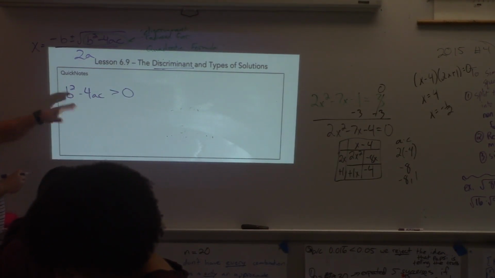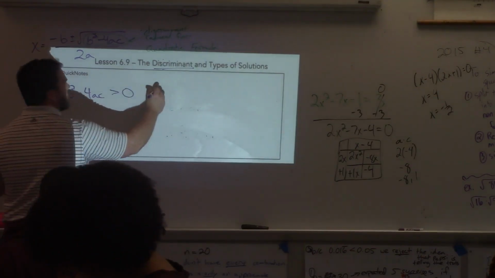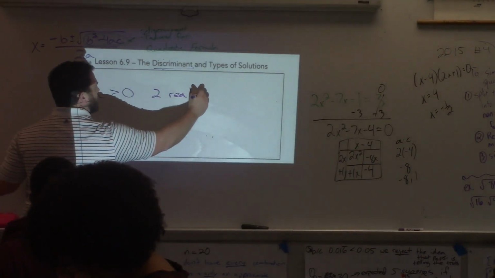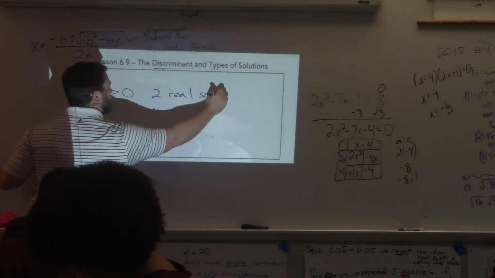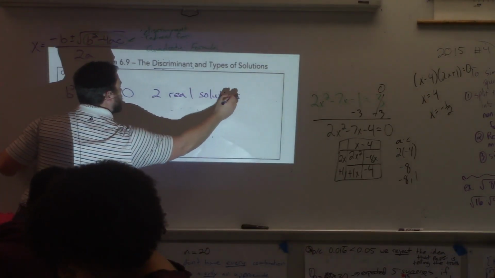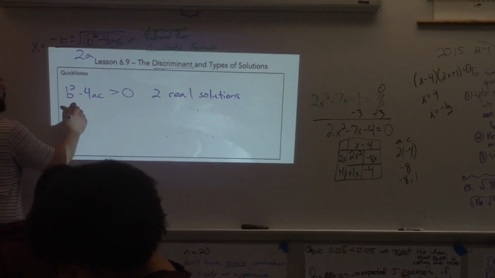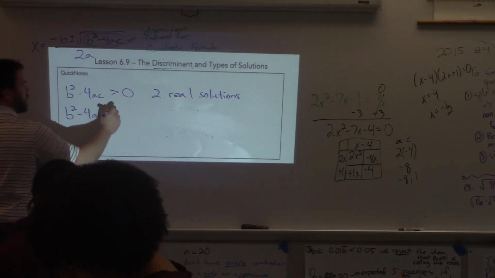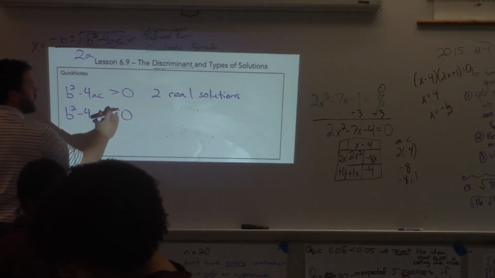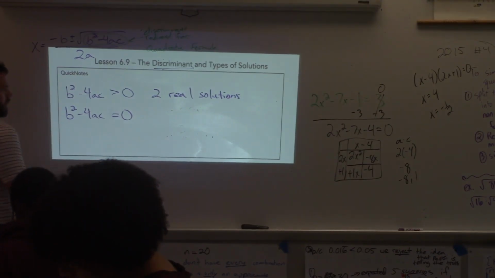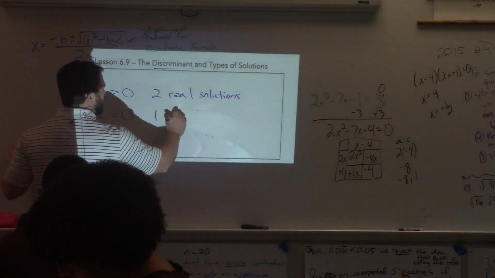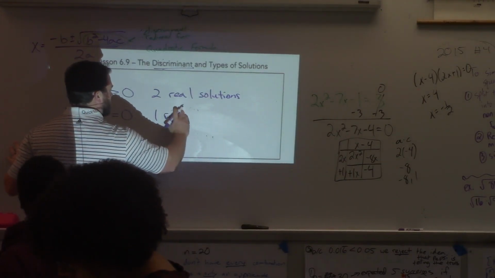If b squared minus 4ac, your radicand, was greater than 0, there were two real solutions or roots or zeros, okay? If b squared minus 4ac was equal to 0, it was one real solution. And then the other one's two imaginary solutions.